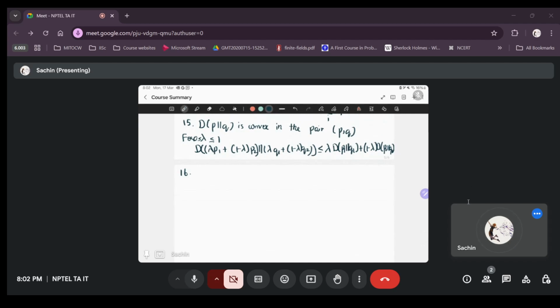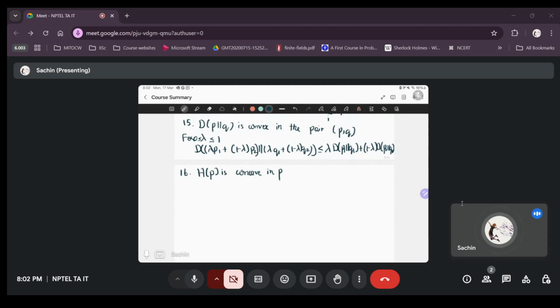We also have the result that H(p) is concave in p. That is because H(p) can be written as log L minus D(p parallel u), where u is a uniform distribution.